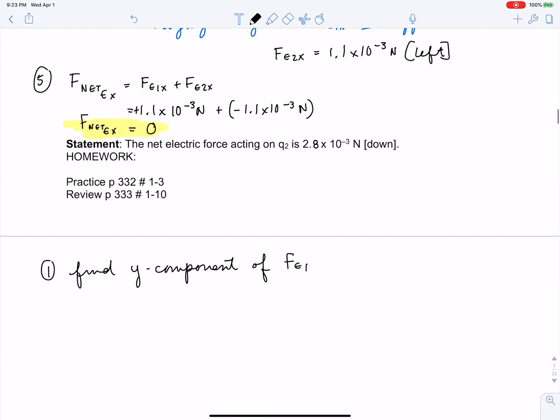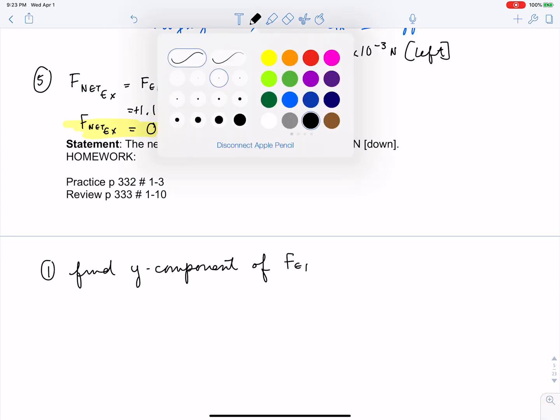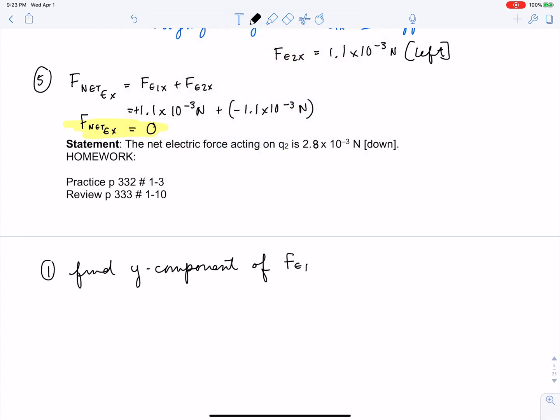So, finding x and y components, if you found the x component, it's easy to find the y component. So finding Fe1y is equal to Fe1 sine theta. So the x component was Fe1 cos theta, the y component will be the opposite, Fe1 sine theta.